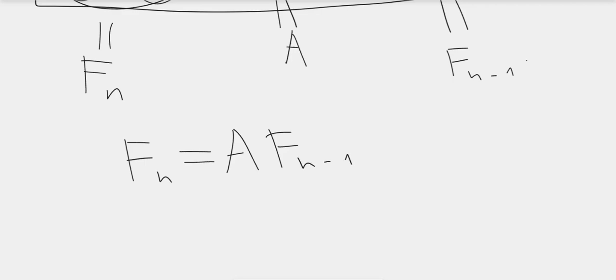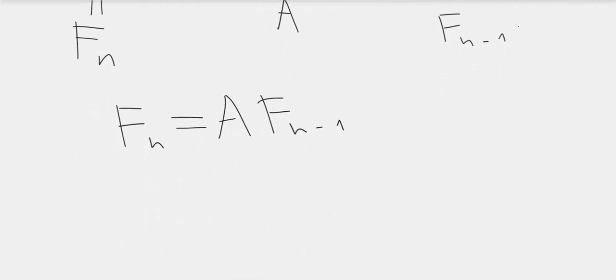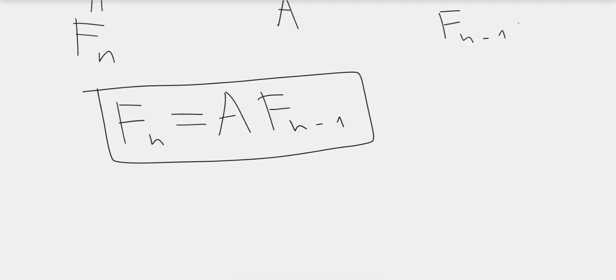The matrix A is constant. It consists of 0 and 1, and it doesn't depend on n. So basically this is the matrix version of the recurrent relation for the Fibonacci numbers.